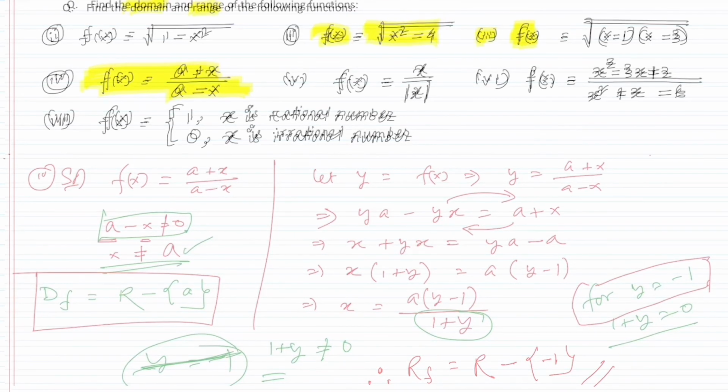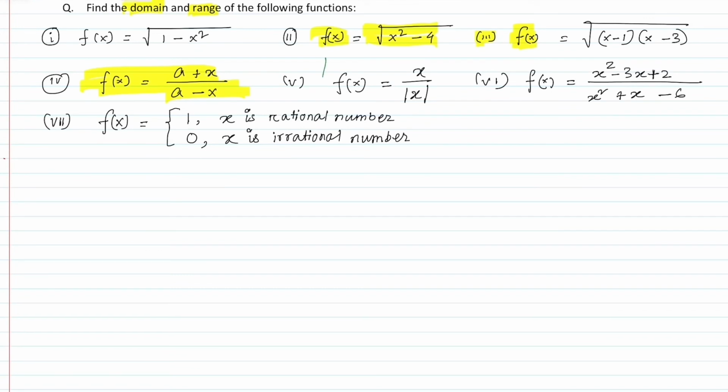So our next function is f of x equal to x by mod x. This is the number 5. So f of x is equal to x by mod of x.